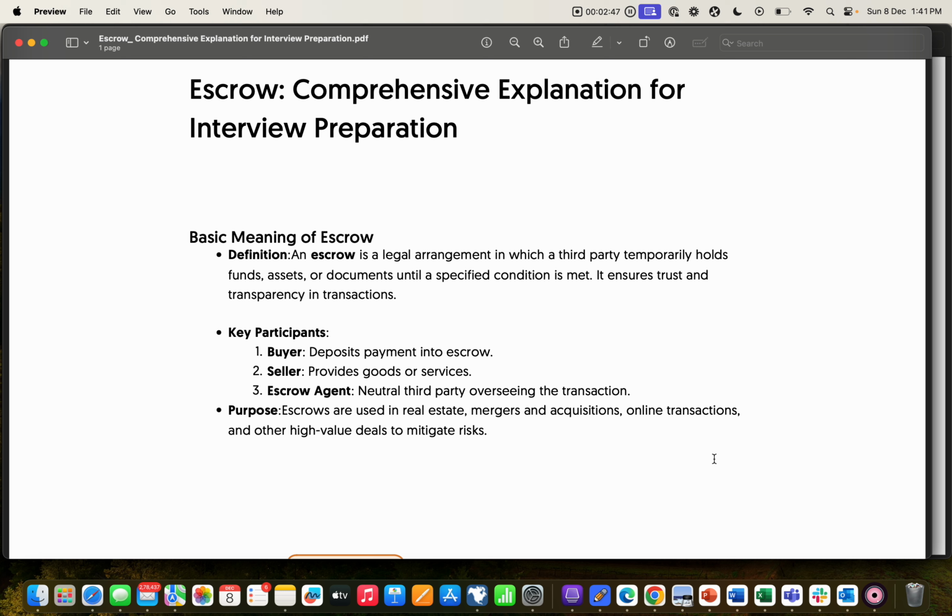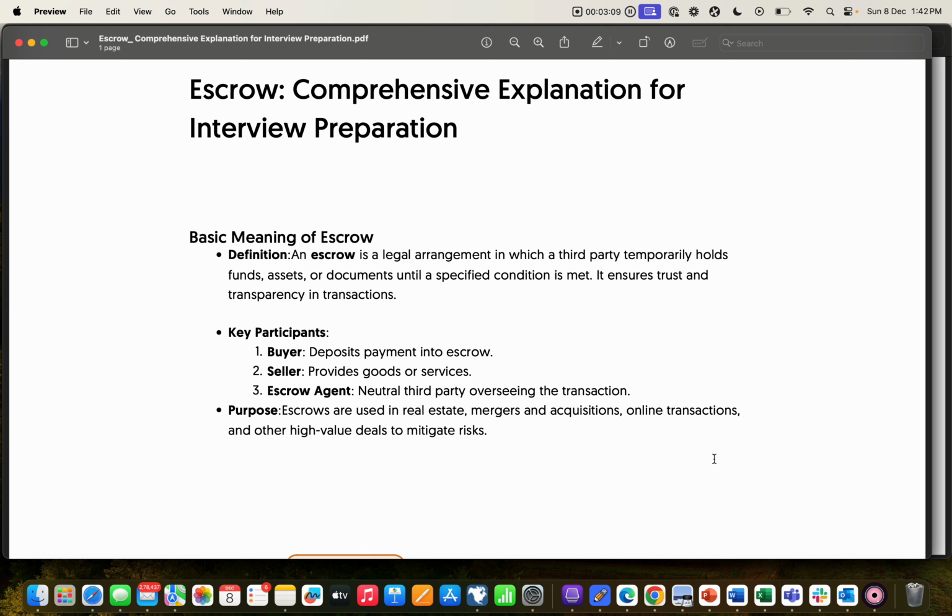So HDFC bank plays the role of escrow and holds your 15,000 until allotment. If you get allotment, the held amount will be debited from your HDFC bank and submitted to the trading account, and from the trading account it goes to the company.